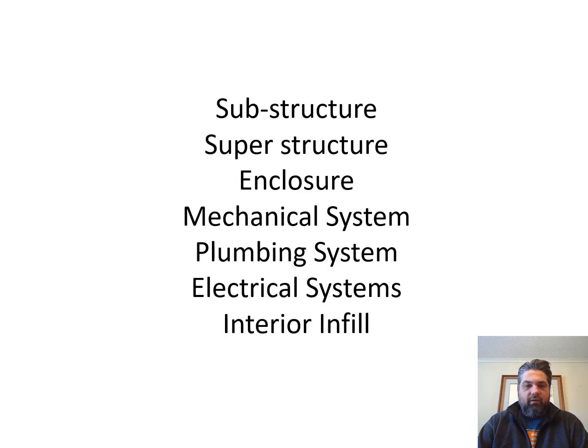And in that it typically includes the substructure, foundations, stuff below grade, all those sorts of things. It will include the superstructure, the steel structure or concrete structure or whatever it is that's holding it up. The enclosure, what are you wrapping it with and enclosing the building? Mechanical, plumbing, and electrical, and then interior infill.